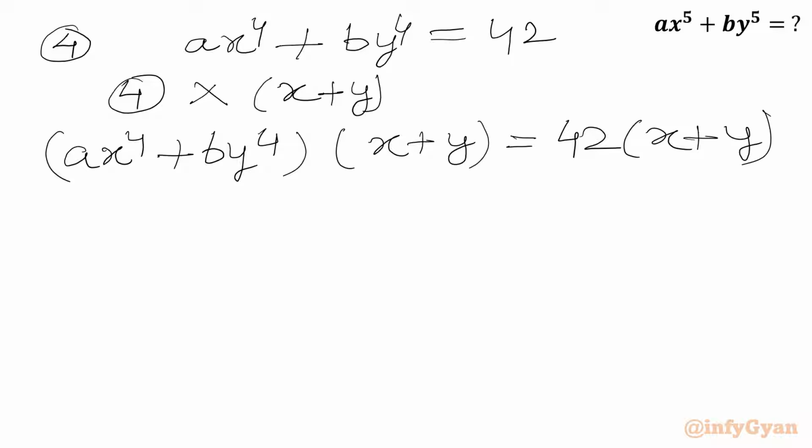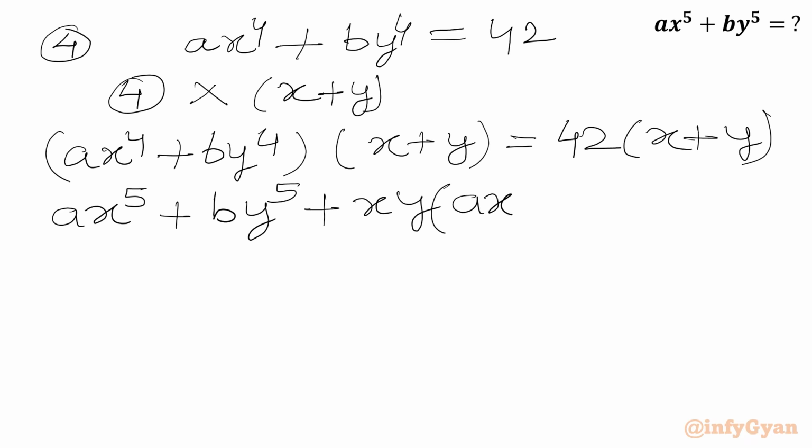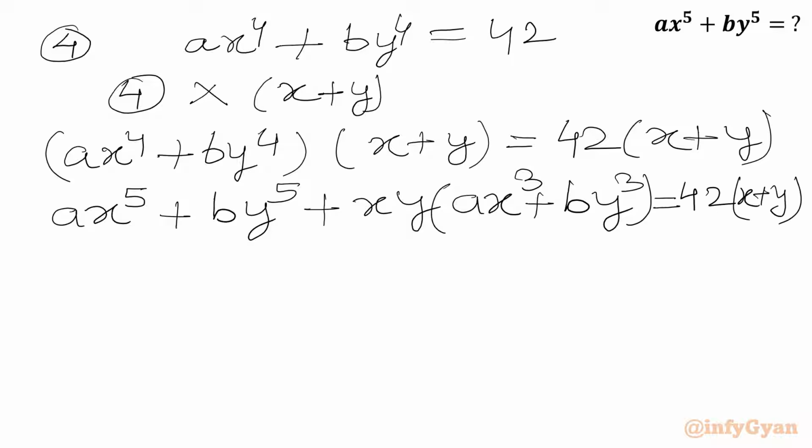Let's multiply. I will get ax⁵ + by⁵, and the cross product terms, ax⁴y and so on. From there we will take xy common. So in the bracket we can write (ax³ + by³), where xy is common. We will get equal to 42 times (x + y). Now this is our required expression E. And here we will apply the value of xy, which was m.